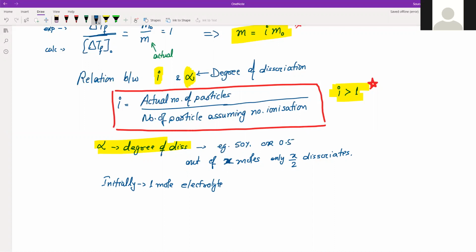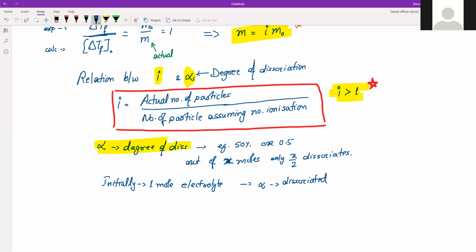When we say 50%, it is x by 2. Same way, if alpha is the degree of dissociation, that means alpha will dissociate. So initially it is 1 mole of electrolyte. Out of this, alpha dissociated.